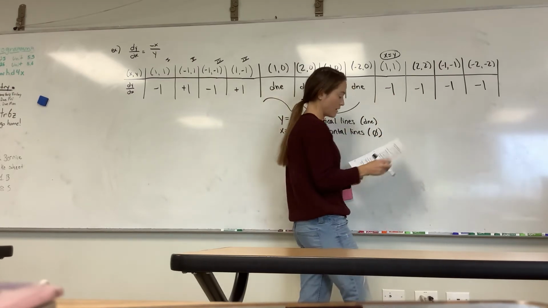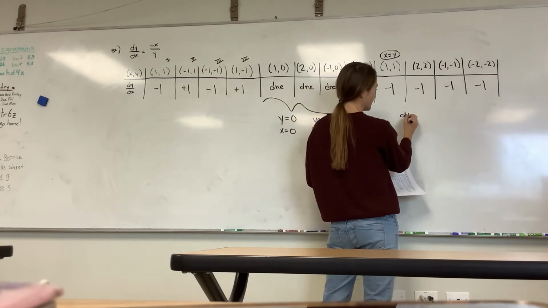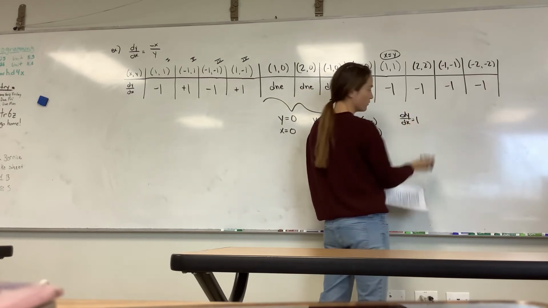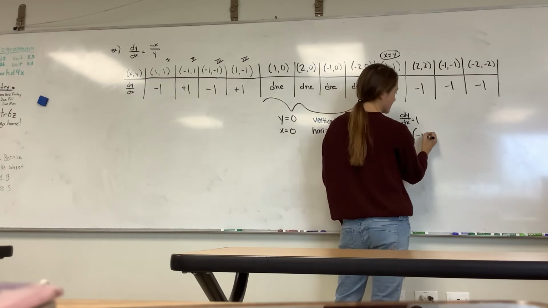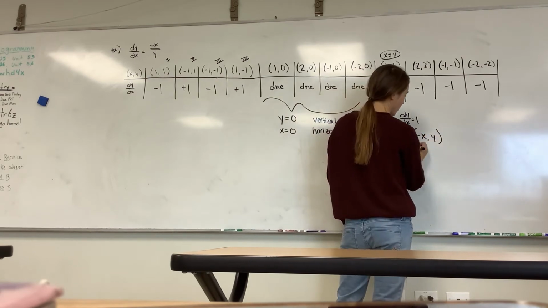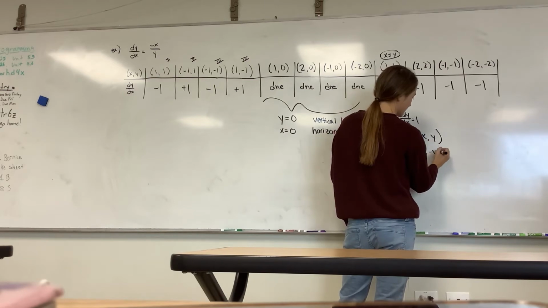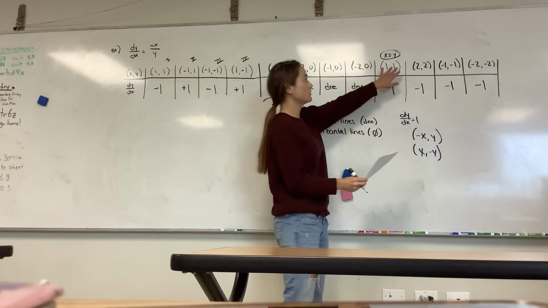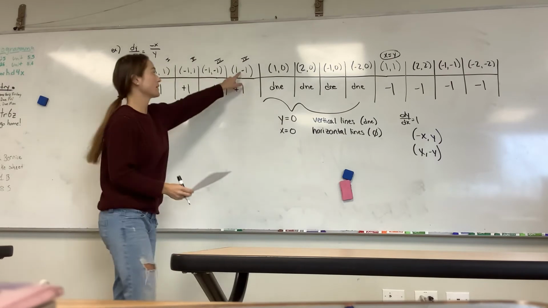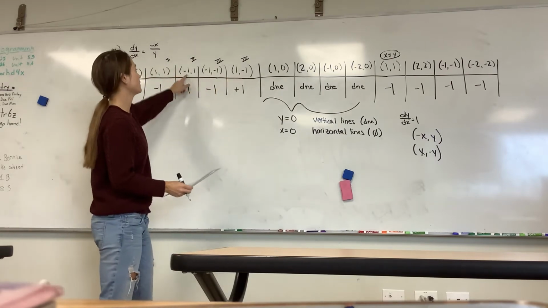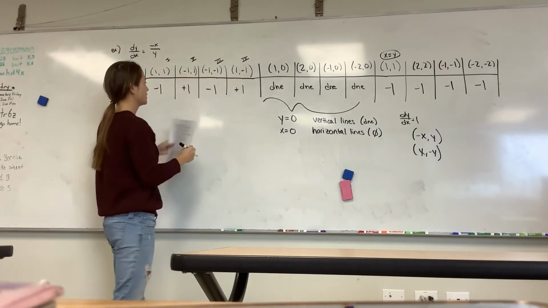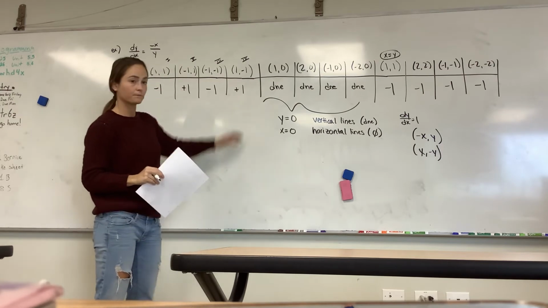So how could you get dy/dx to equal positive 1? You just need either (-x, y) or (x, -y). If you have a negative in just one value, like here in quadrant 4 or here in quadrant 2, you see we got positive 1 slopes here.